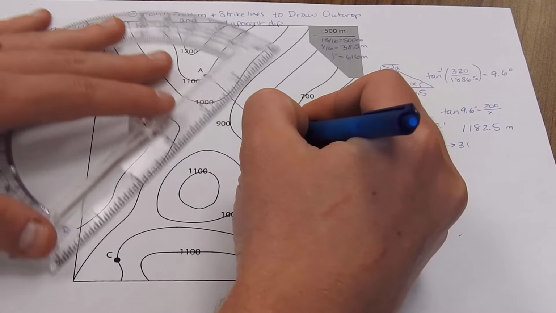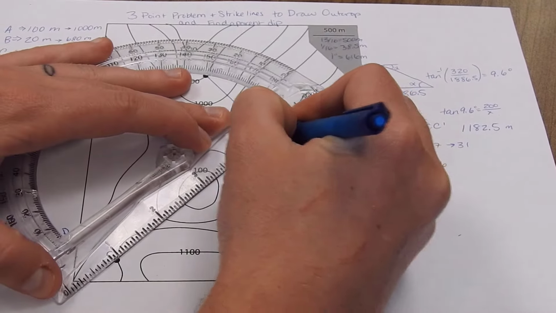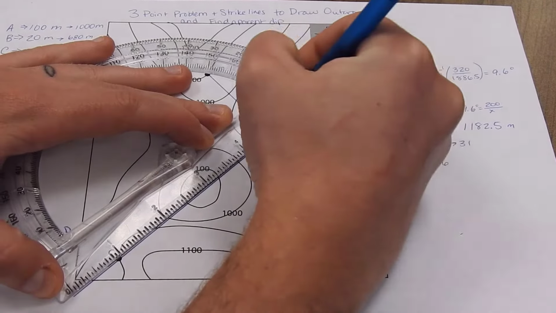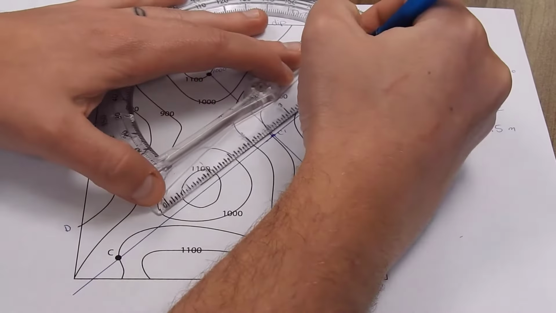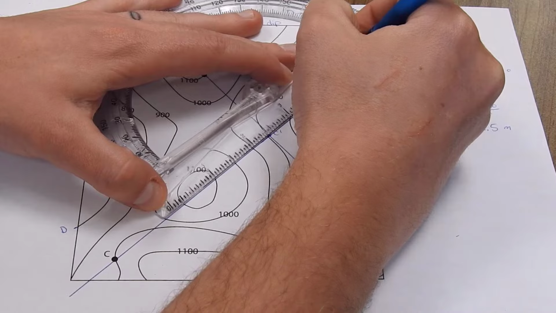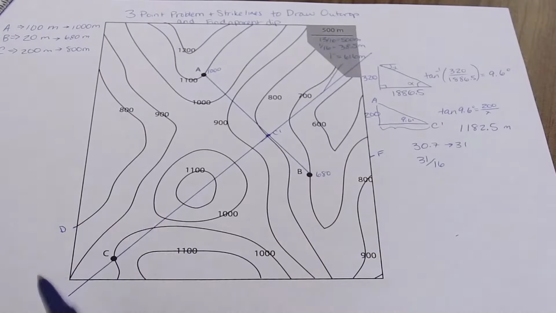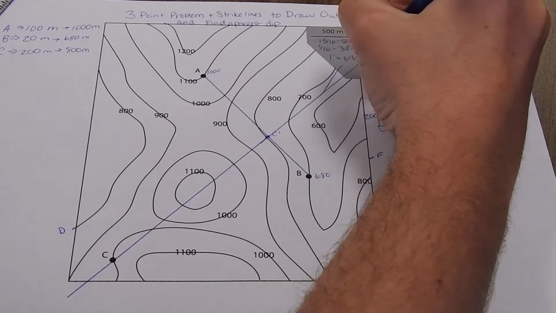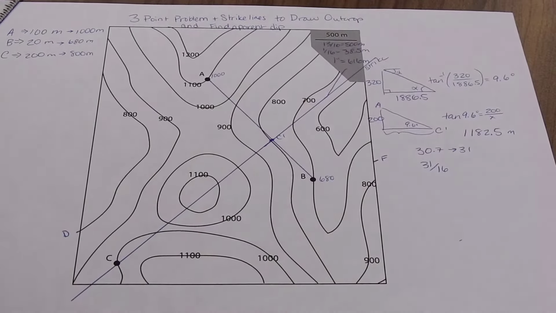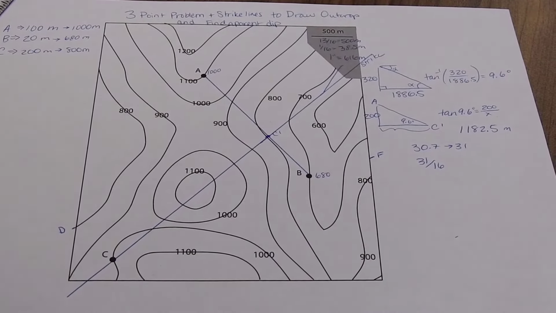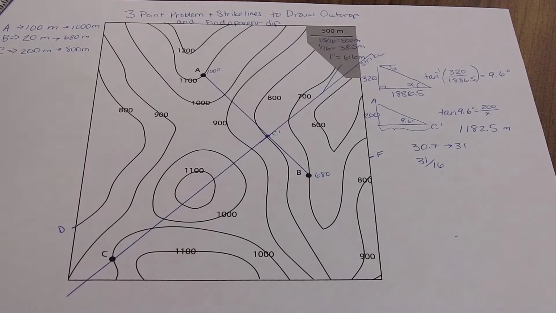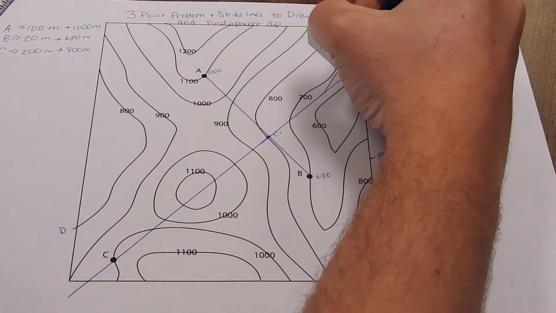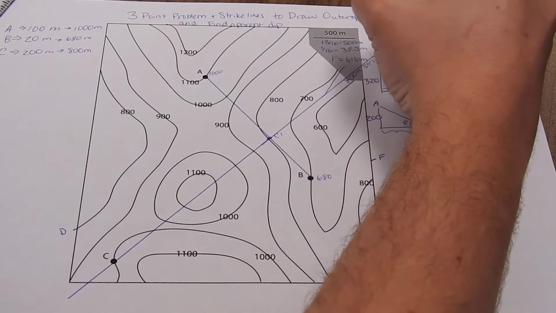And I'm going to connect C prime and C. Okay, so from C to C prime, this is the direction of strike. And if you've already watched the strike line video, C is at a depth of 800 meters. We can call this the 800 meter strike line.